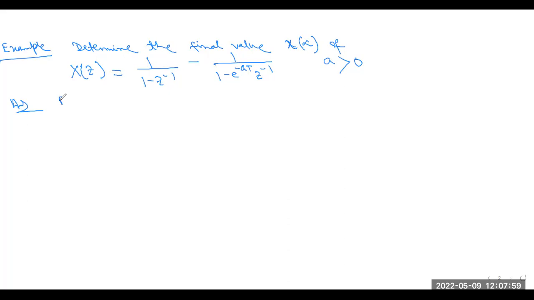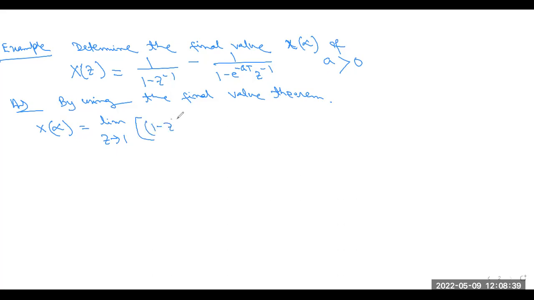By using the final value theorem, x of infinity equals the limit as z tends to 1 of (1 minus z inverse) times X(z).